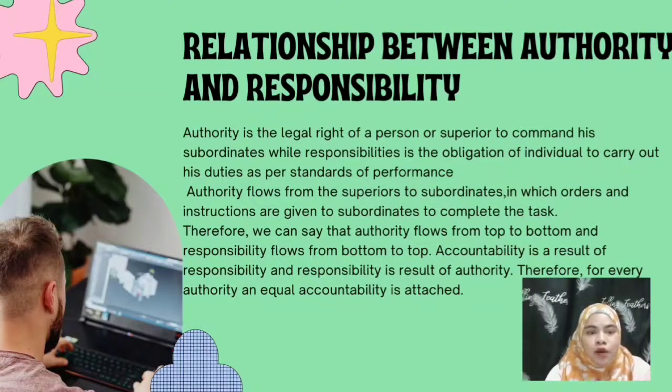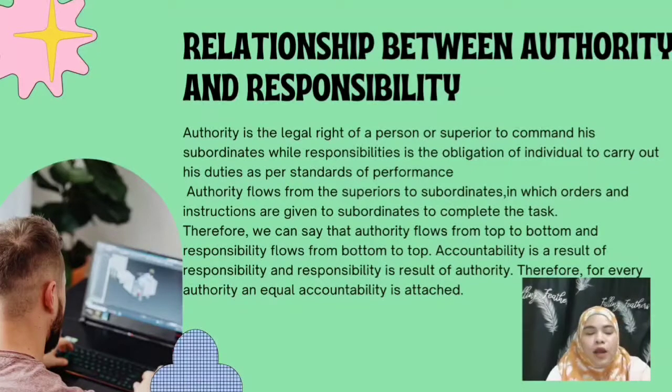Authority is the legal right of a person or superior to command his subordinate, while responsibility is the obligation of an individual to carry out his duty as per standard of performance. Authority flows from the superior to subordinate, in which orders and instructions are given to the subordinate to complete the task.